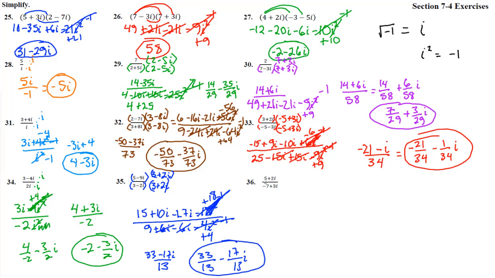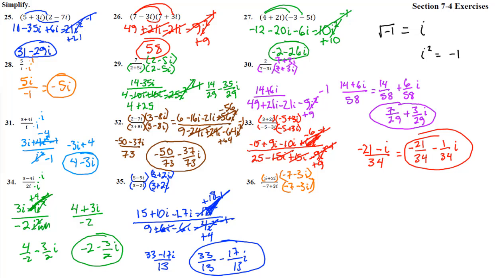All right, number 36. Final one. Let's get a good color here. All right, so we're going to multiply by negative 7 minus 3i, negative 7 minus 3i, and that's going to be the conjugate on the bottom, so we can get rid of those i's. And let's multiply.